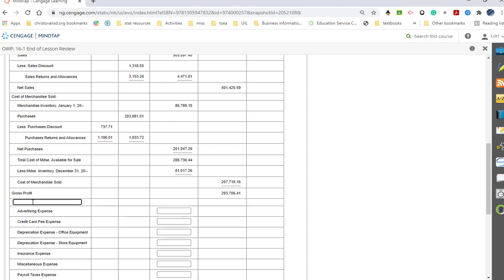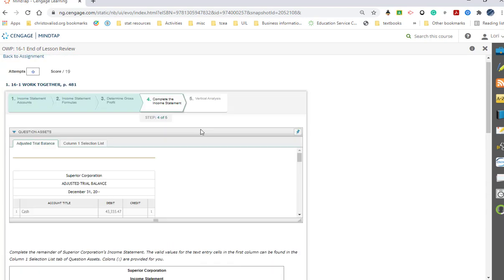We found out how much we're getting there, and now we're going to look and see all the total operating expenses. And so these numbers come straight from your chart.